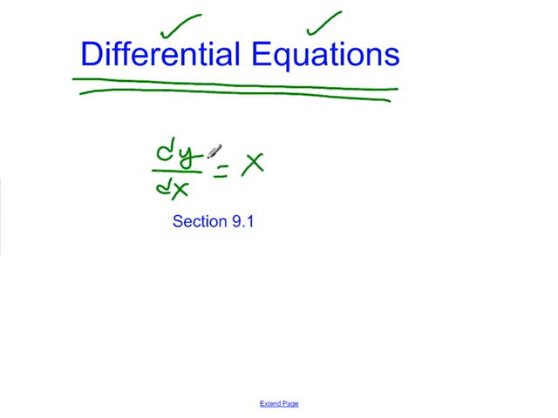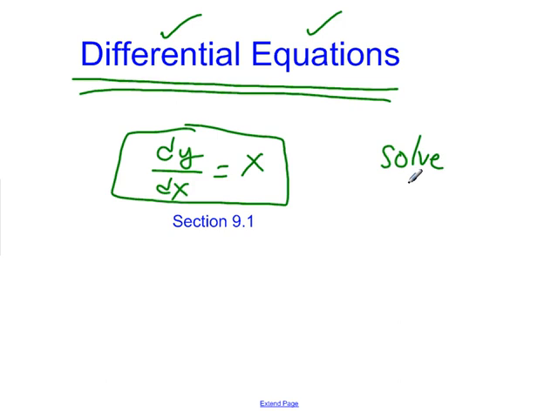Now, we've actually been dealing with this. This just says the derivative equals x. But a differential equation is an equation that has a derivative in it. And what we're going to be leading to is trying to solve differential equations.